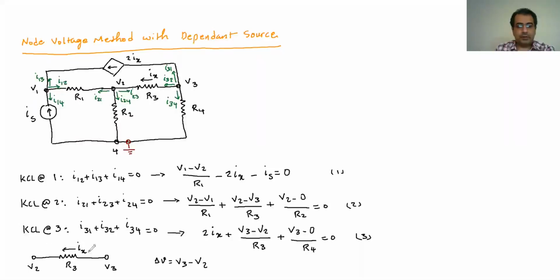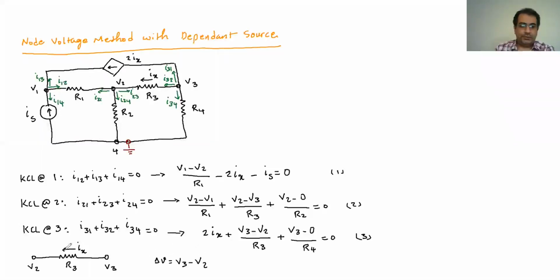And because the I goes from V3 toward V2, remember that we always say the I goes from positive to negative in the resistor. If it goes from positive to negative, V3 should be larger than V2. Otherwise, the I doesn't go from V3 to V2.